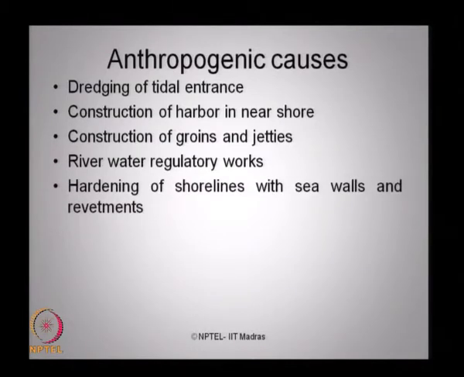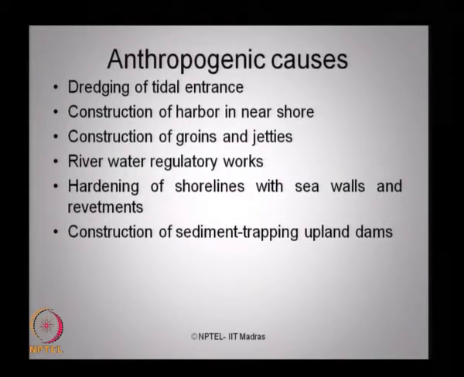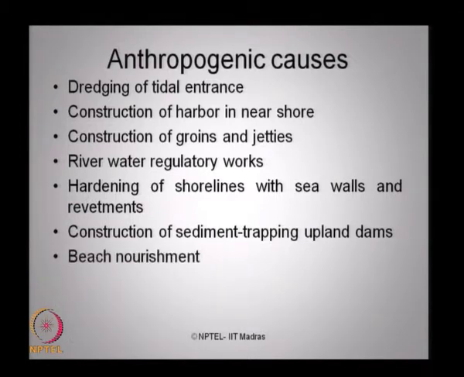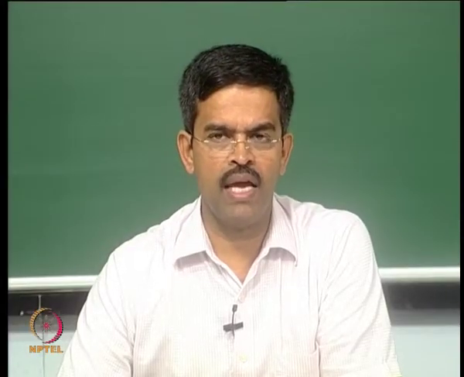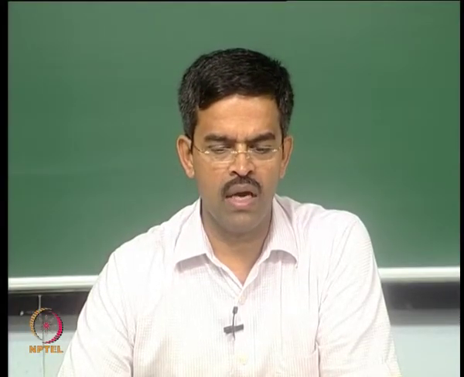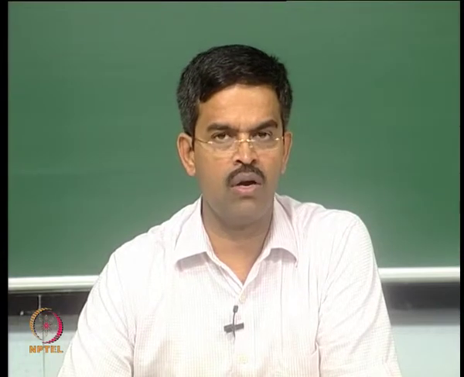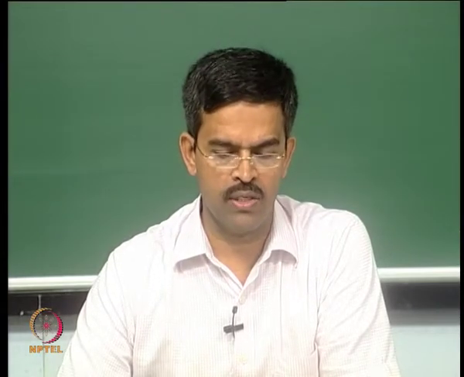It can also come from hardening of shorelines by construction of sea walls and revetments as one of the coastal protection systems which we already saw in the first module. It can result from the construction of what we call sediment trapping upland dams. Sometimes if you plan for any beach nourishment, this can also be an important anthropogenic cause for coastal erosion.